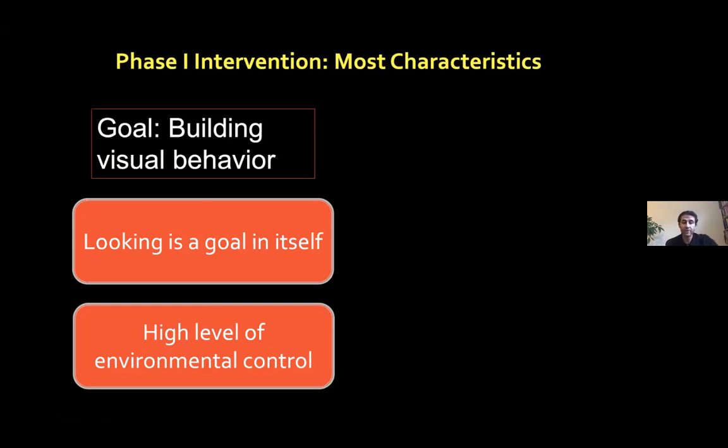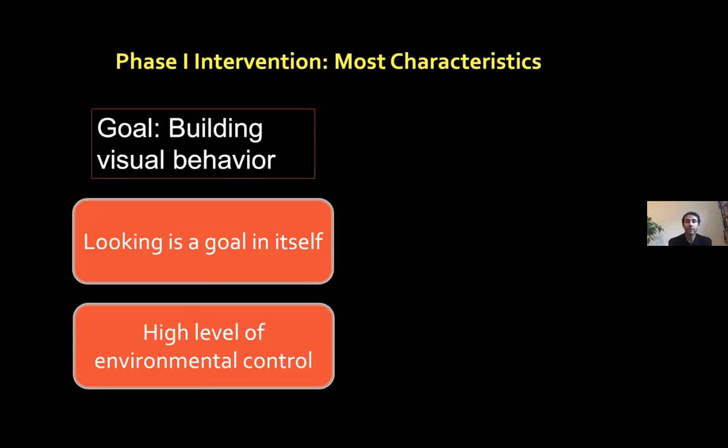And educators, I find, have a hard time implementing phase 1 intervention because it doesn't feel like you're doing what we're supposed to be doing as educators. It doesn't feel like you're teaching anything. It feels like you are just doing sensory stimulation activities or sort of visual stim. And that's okay. That's exactly what the child needs in phase 1.